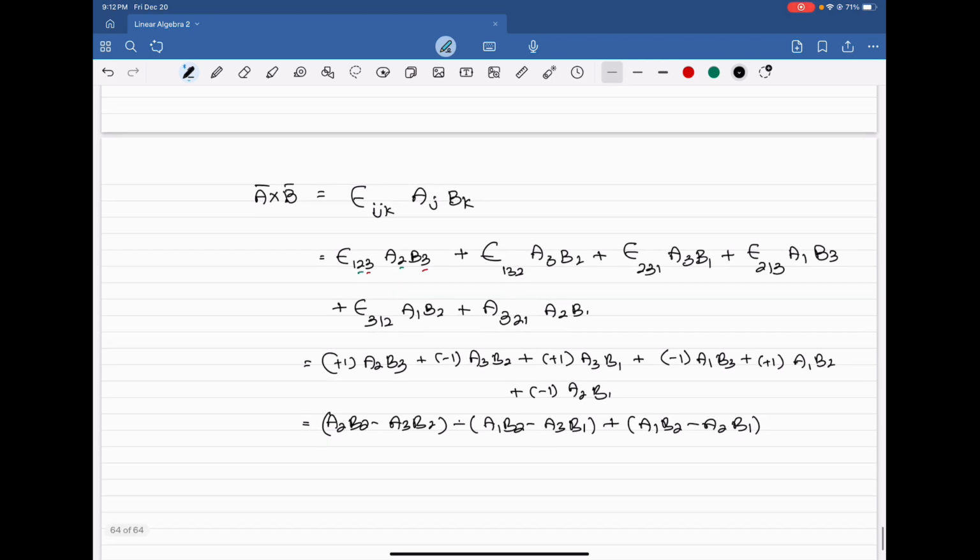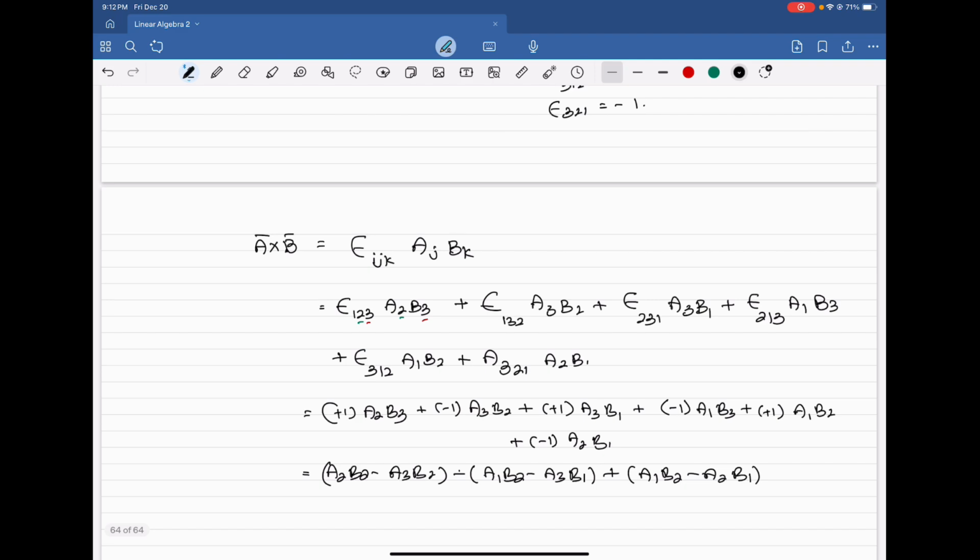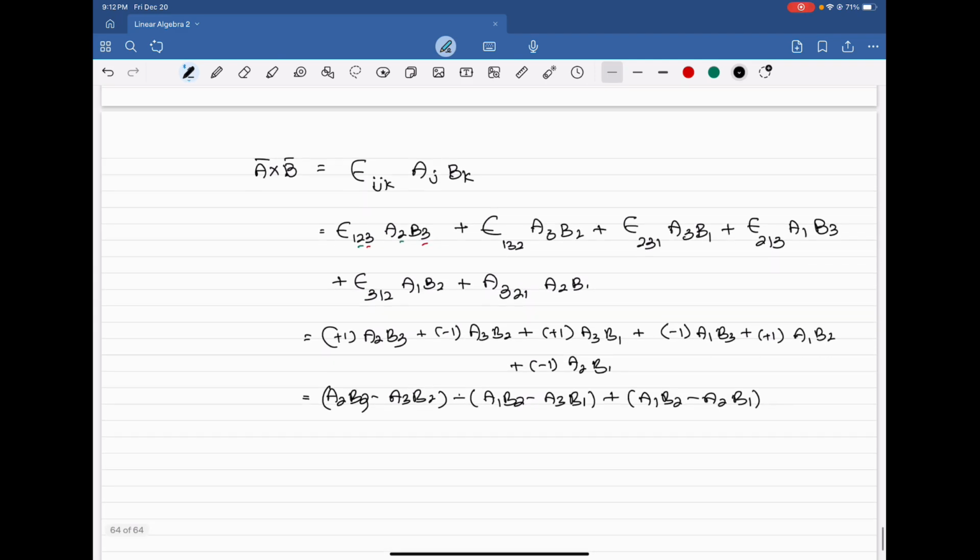A2 B3 minus A3 B2, first one into I. This is into I. This sequence will be multiplied by J. This sequence will be multiplied by K.